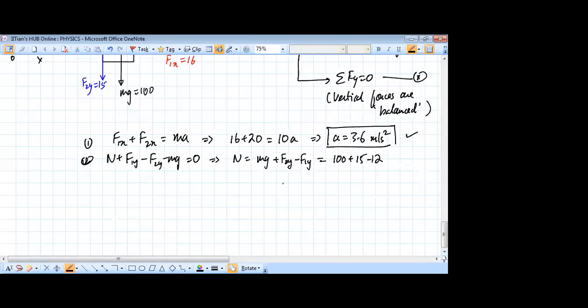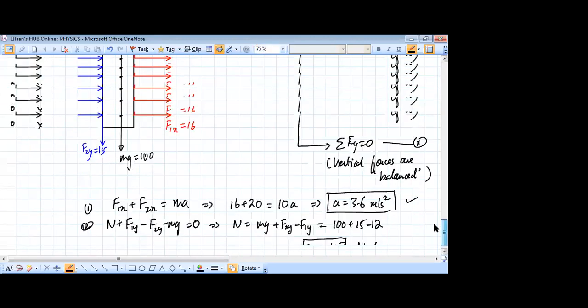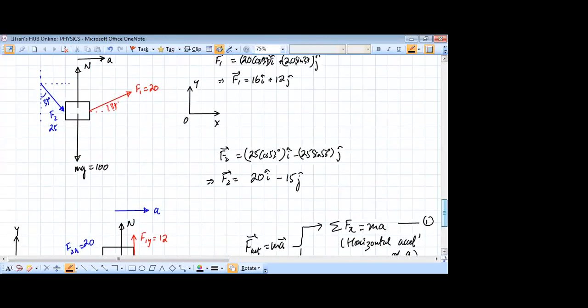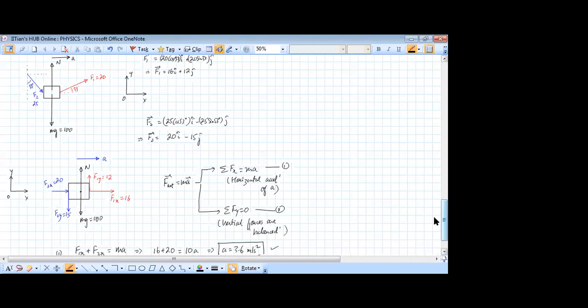So the normal reaction will become 103 newtons. Here, one of the forces is pushing it down, no? And the other force is pushing it up. Just look at the whole thing in detail, you will understand.